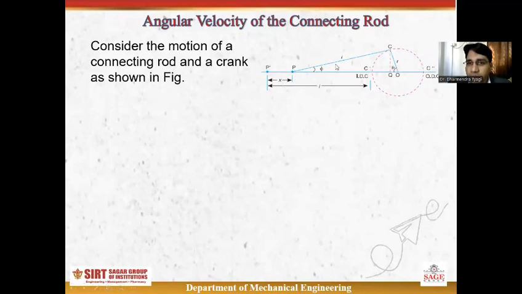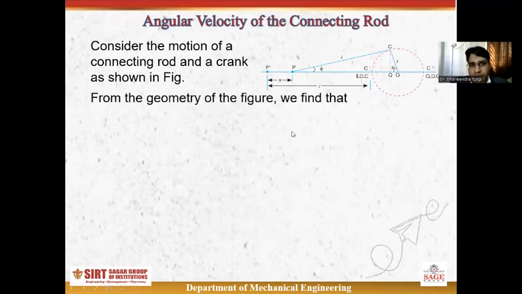We have to derive the expression for the angular velocity and angular acceleration of the connecting rod. Phi is the angle of the connecting rod with the IDC or line of stroke, and theta is known as the crank angle.